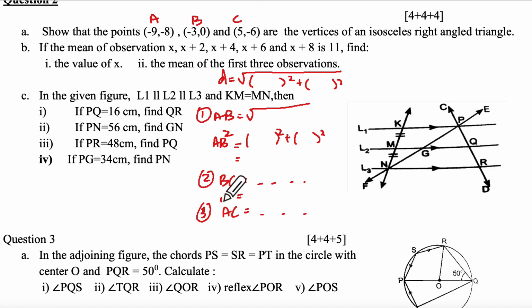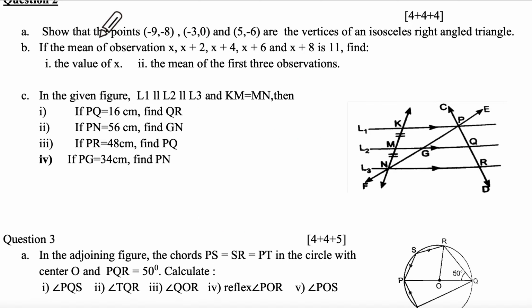Then from this you will get BC square, and from here you will get AC square. If it is isosceles, any two will be equal, and right triangle means what? One square is equal to this square plus this square, understanding, and therefore you will say it's isosceles right triangle. You can handle this, correct?